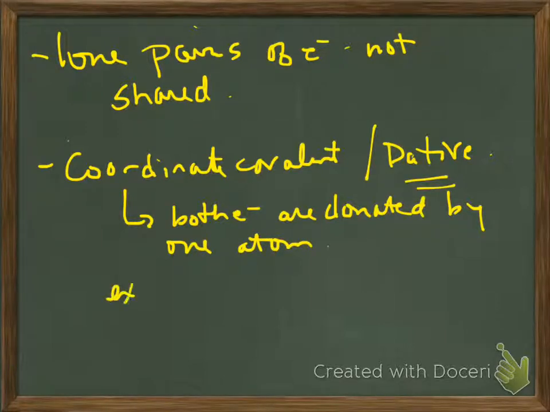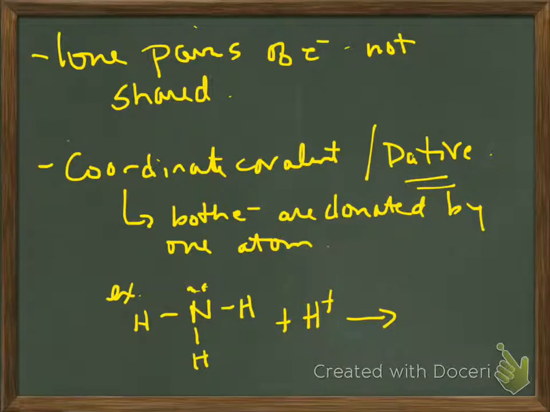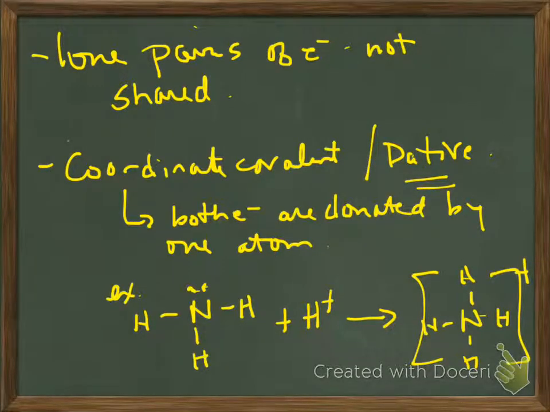An example would be ammonia. Those two electrons, when I react that with a hydronium ion, which has no electrons, I will form the ammonium ion that has a plus charge.